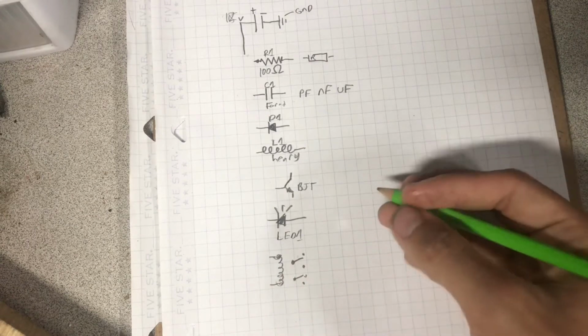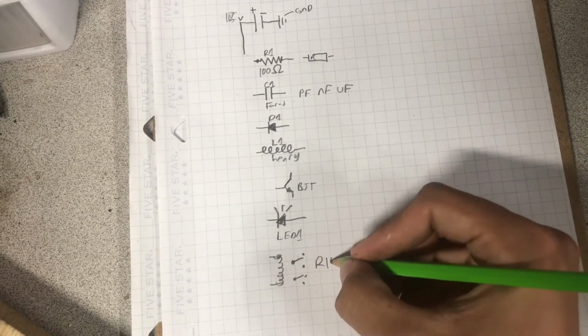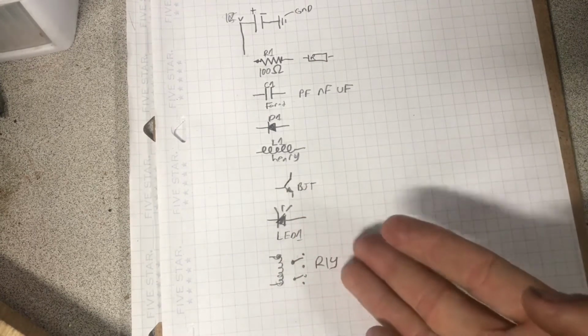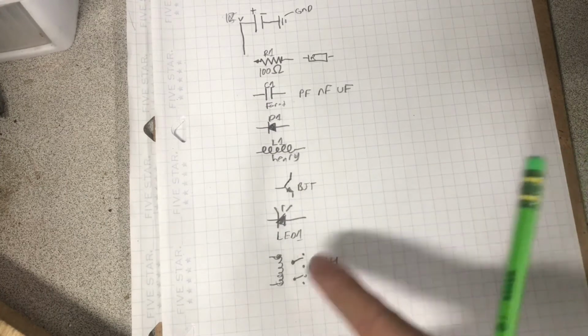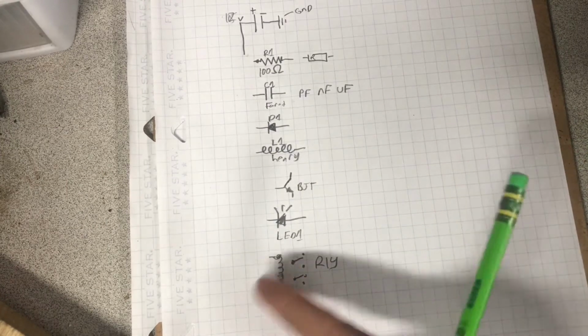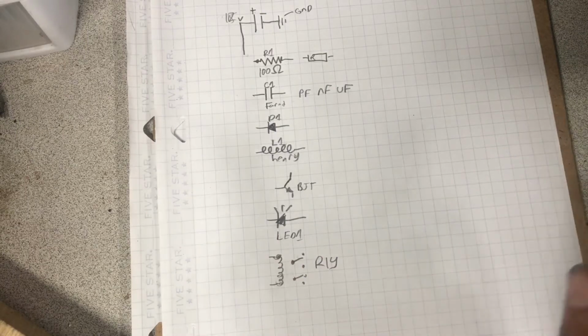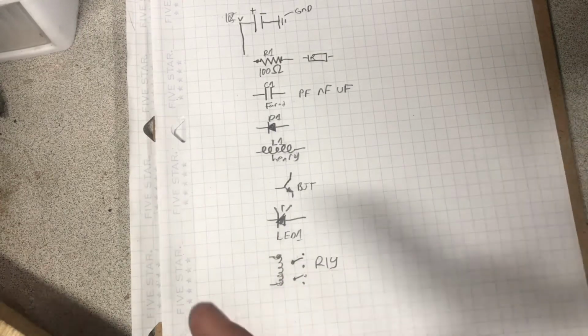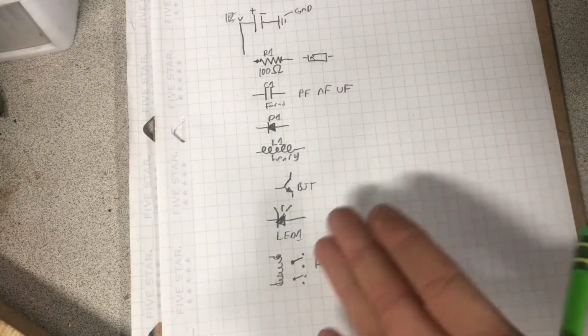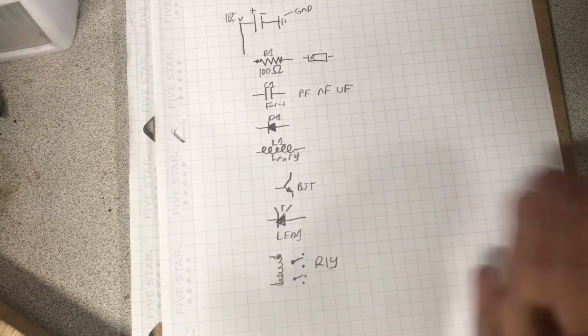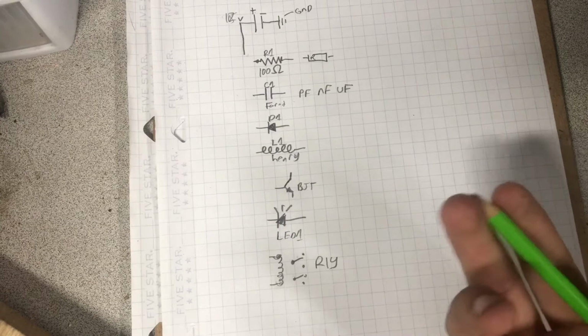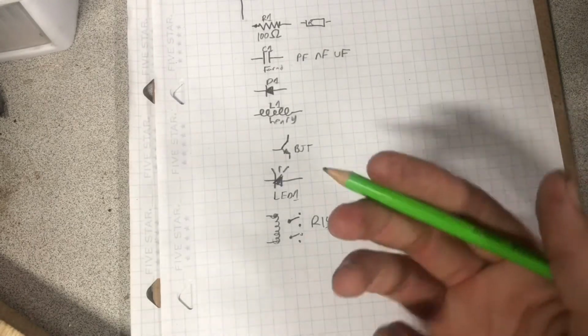This is called a relay, and sometimes it's represented as RLY. This is also a switch, but it's controlled by this coil, which becomes an electromagnet and will pull the contacts over to switch the load, basically.